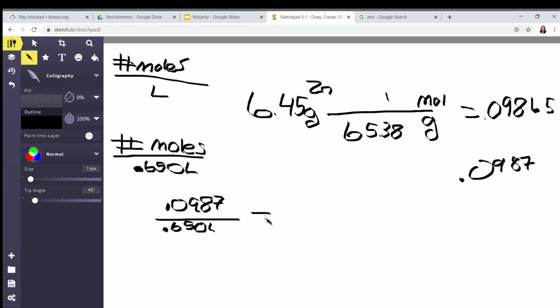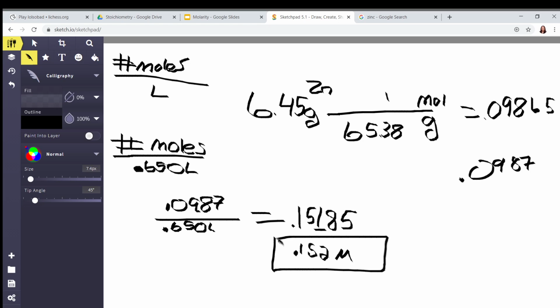Okay, so we end up getting a molarity of 0.1518, and then we're going to round that last number to, oh wait, sorry, no, we're rounding to 3 significant figures, so this should be 2. So 0.152, and then we use M to stand for molarity.